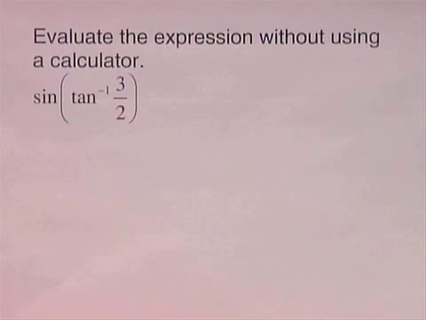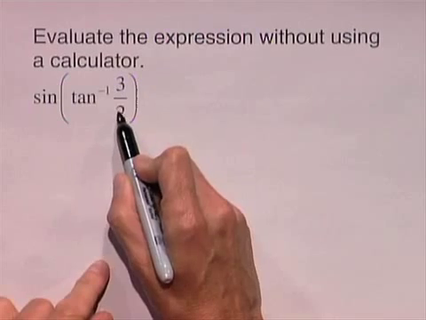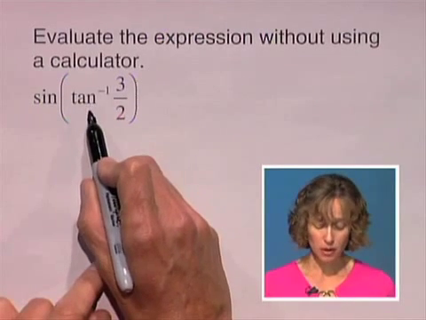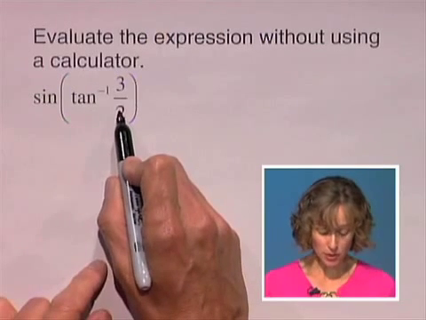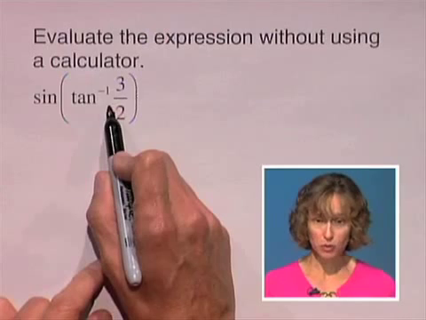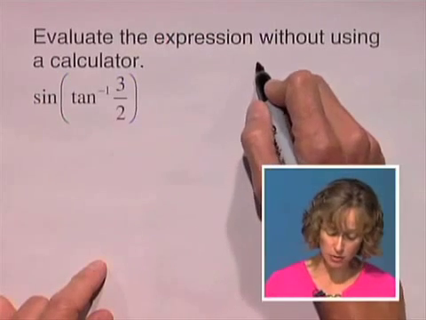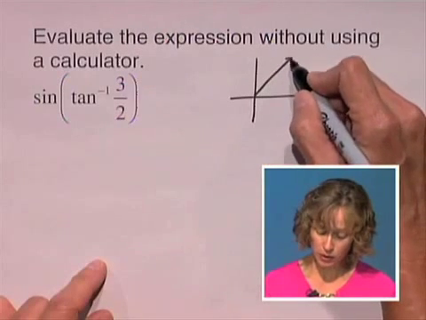Let's work with some inverse trig functions. We want to evaluate the expression without using a calculator, the sine of the angle whose tangent is 3 over 2. Now the range of the arctangent, the inverse tangent function, is from negative pi over 2 to pi over 2. This is positive. Between negative pi over 2 and pi over 2 is quadrant 4 and quadrant 1. But since that's positive, we need to think about some angle in quadrant 1.